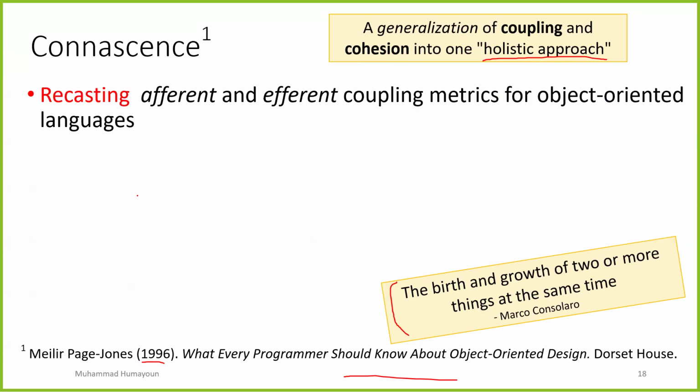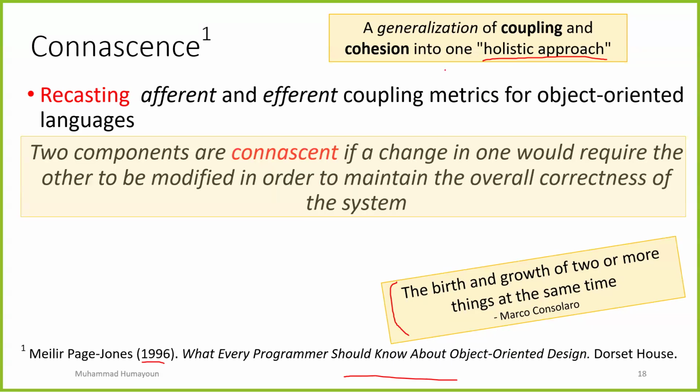So what we do in connascence is recast afferent and efferent coupling metrics for object-oriented languages. It says that two components are connascent if a change in one would require the other to be modified in order to maintain the overall correctness of the system.